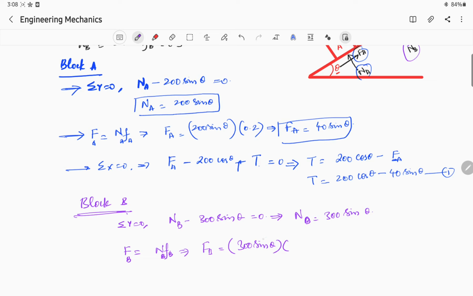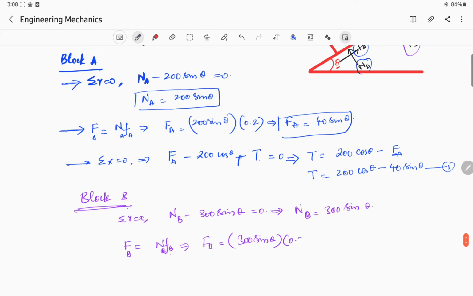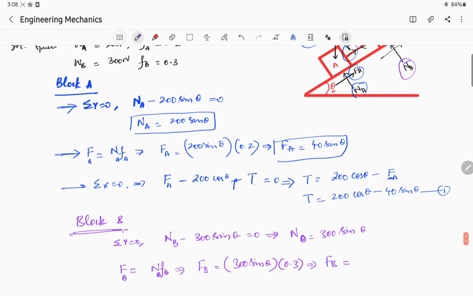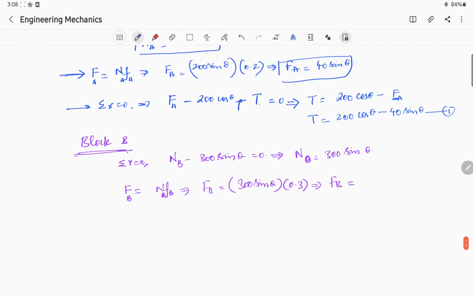The coefficient is given in the question as 0.5. So FB, the frictional force under B, is equal to 300 into 0.5, which will be 150 sin theta. So this is FB.